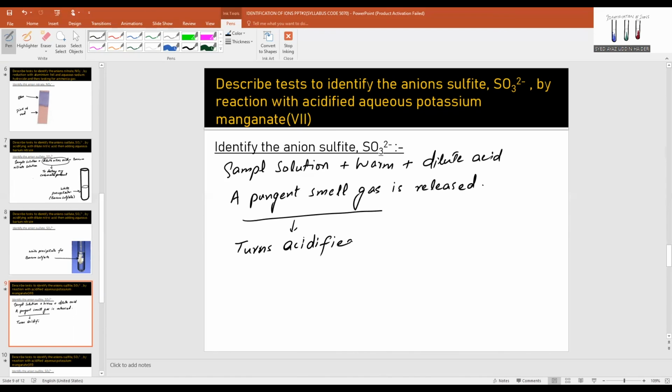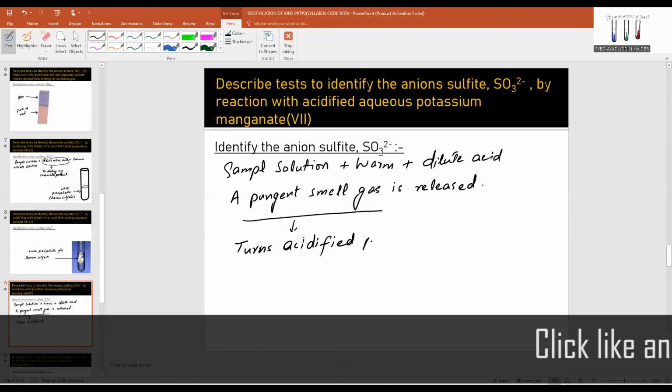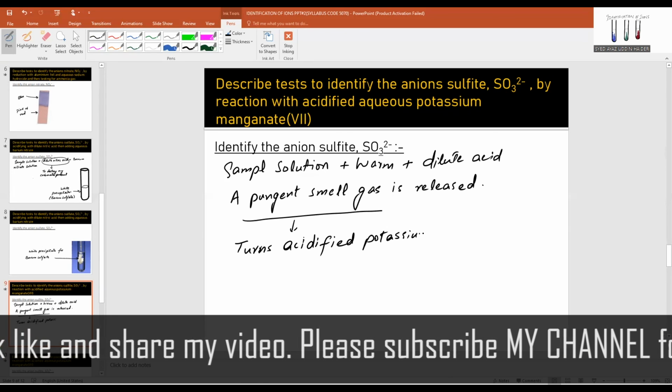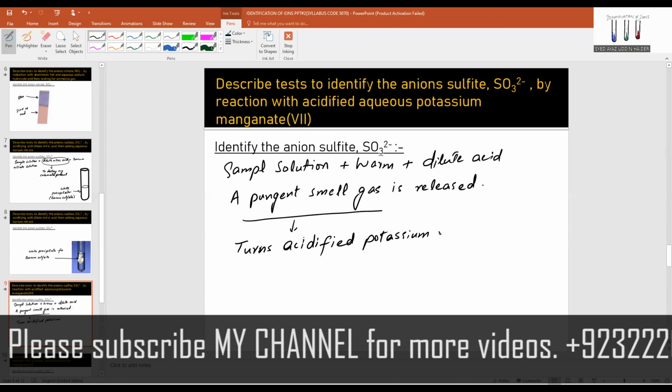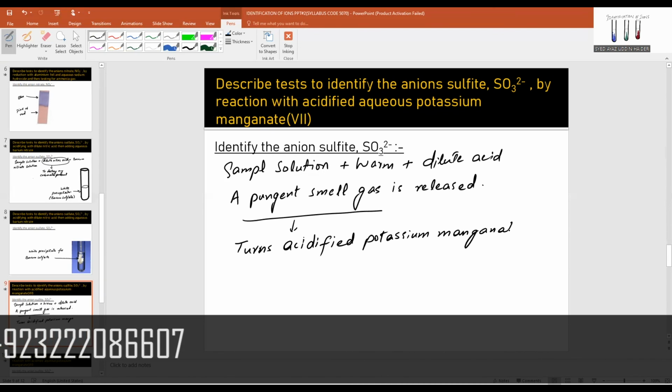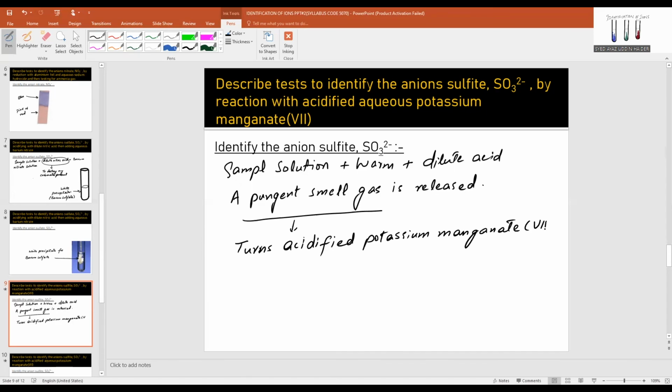Acidified potassium manganate 7 from purple to colorless.